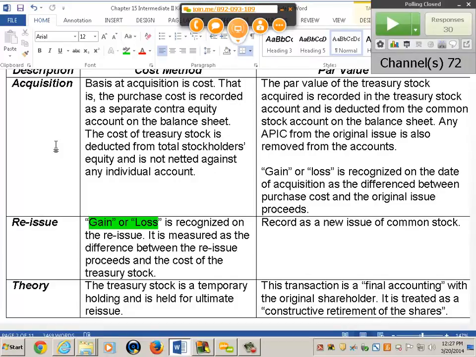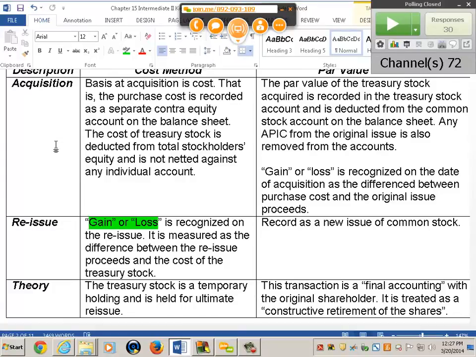Everything's done right up front. The good thing is that when you reissue the stock, it's accounting 101. You reissue it like a new issue of stock. So all of the activity takes place when you first buy it. When you reissue it, it's very simply a new issue of common stock.